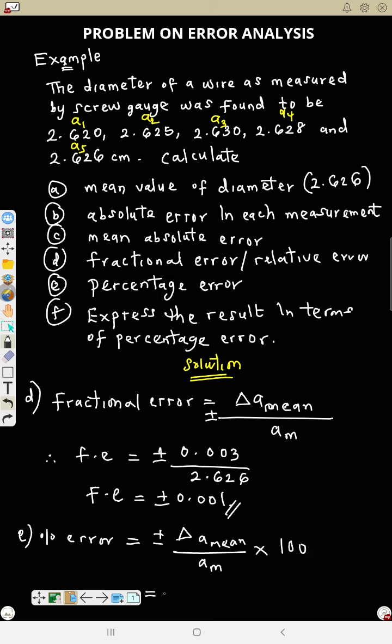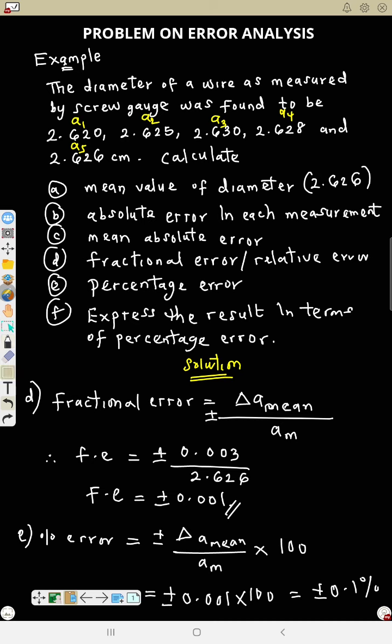Our result here is 0.001 times 100. If you press your calculator, that will give us plus or minus 0.1%. So that is percentage error. If you multiply your fractional error by 100, you get percentage error. Now the F part. Express the results in terms of percentage error.